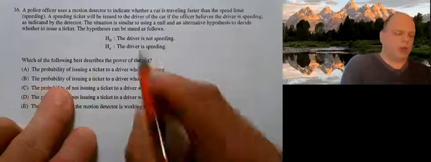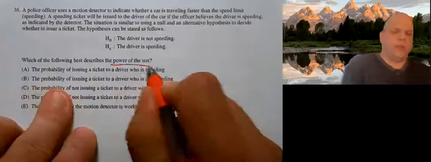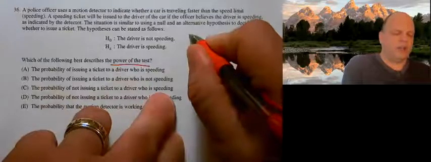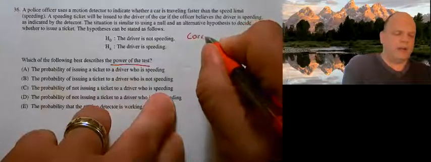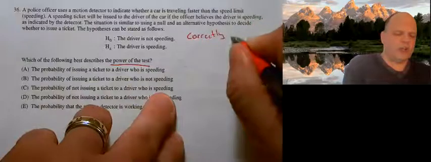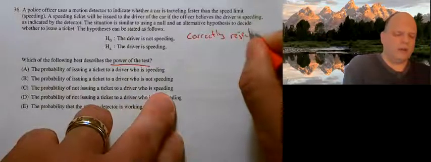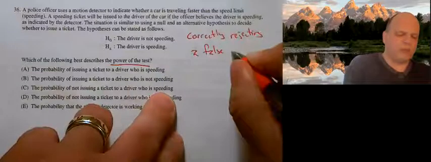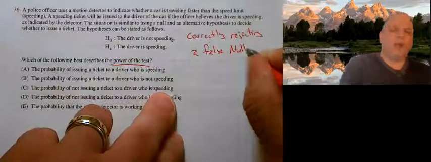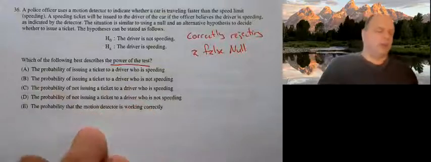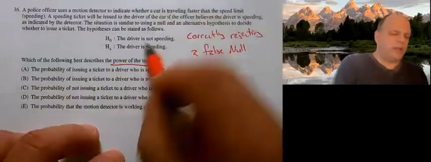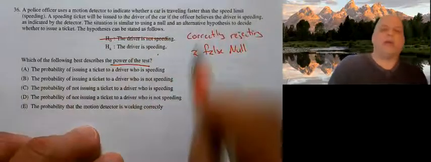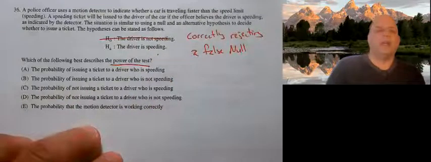What best describes power of the test? Well, first off, what is power of the test? Power of the test is correctly rejecting a false null. So in this case, rejecting the null means we believe the driver is speeding and we did it correctly, which means they are speeding.